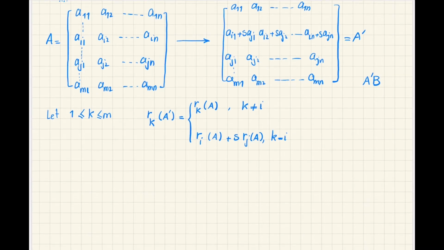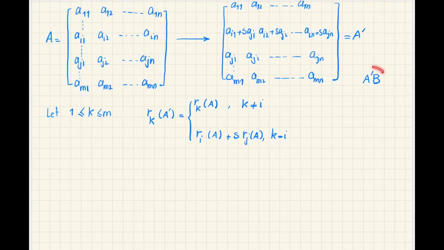Now my claim is that the same thing will happen for this product. So what does it mean? It means that I want to show that the kth row of A prime B is equal to the kth row of AB if k is not equal to i. So this is what I want to show.